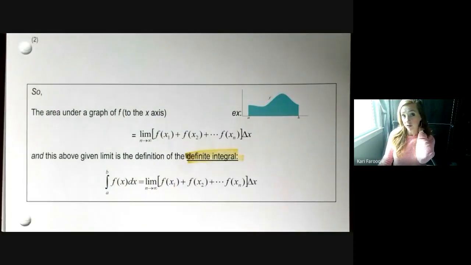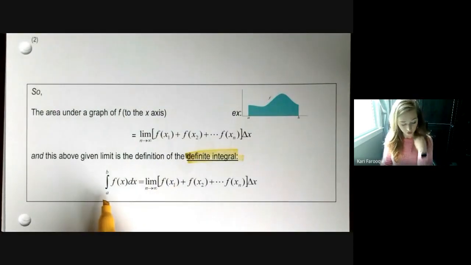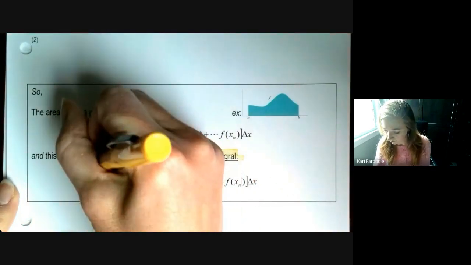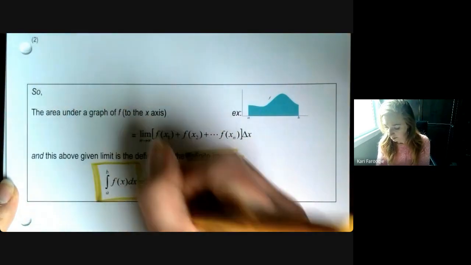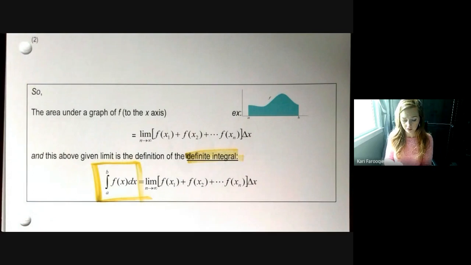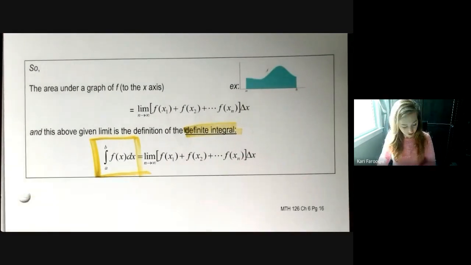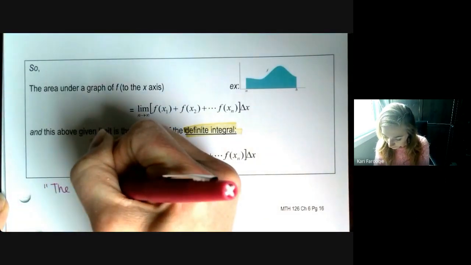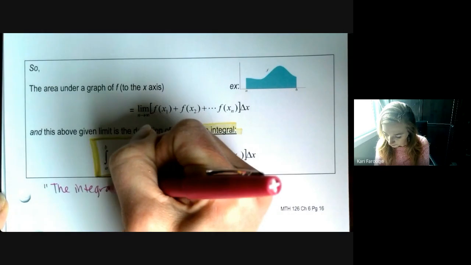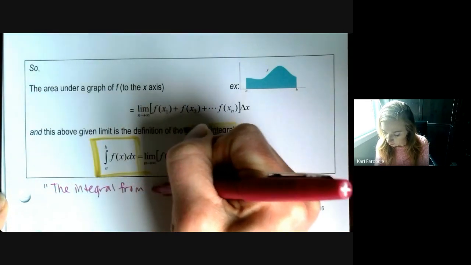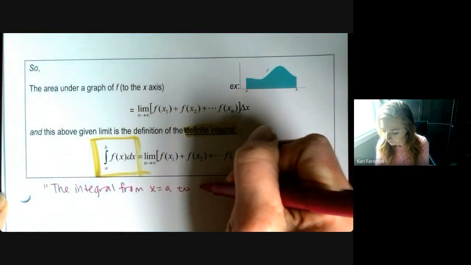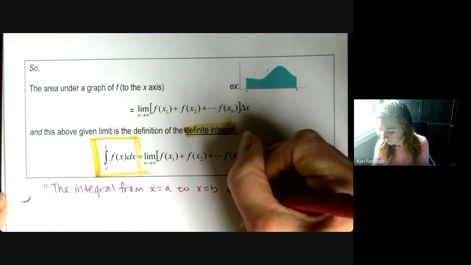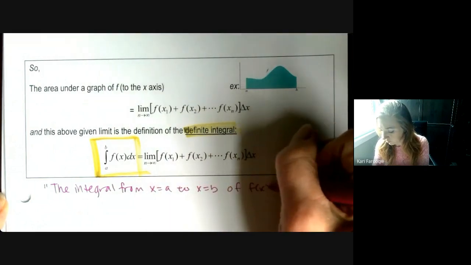Okay, so the definite integral looks like this. It goes from a to b. I'm going to write this in English words for you so that you know what this is stating. But basically, it just says the integral from x equals a to x equals b of f of x dx.